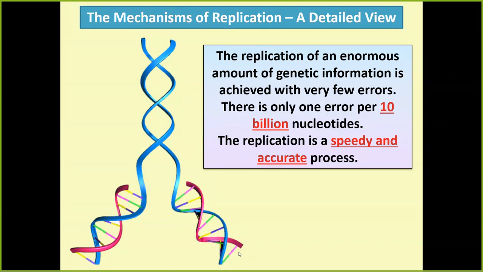Usually we have only one error in the base pairing for every 10 billion nucleotides. That's a lot. The replication process is really, really fast and really, really accurate.